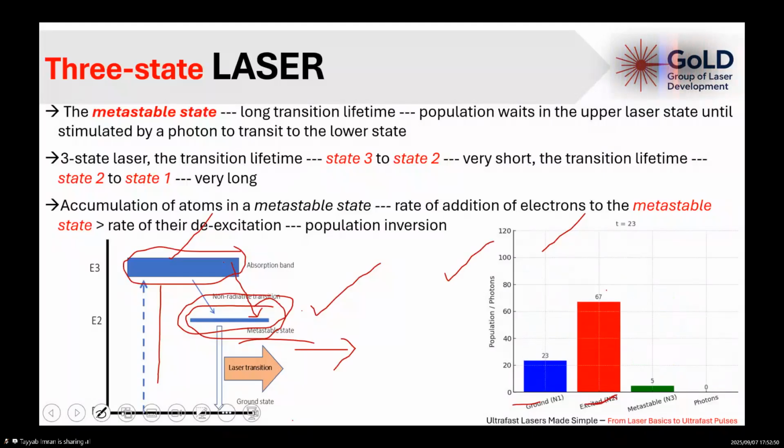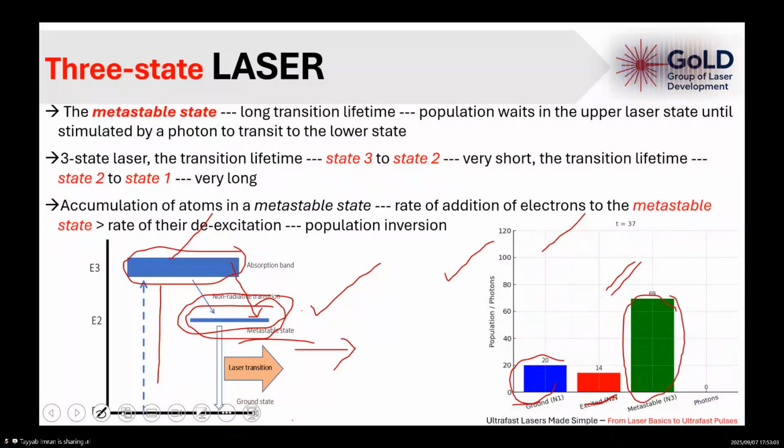Here we have fewer and here we have more, and when the electrons go down, the metastable level is populating.